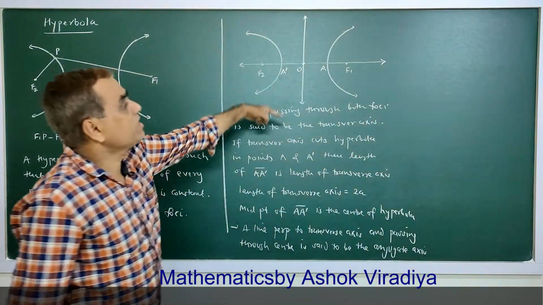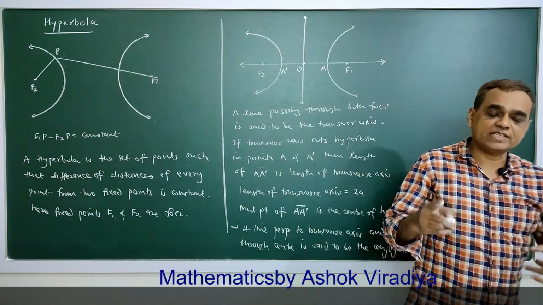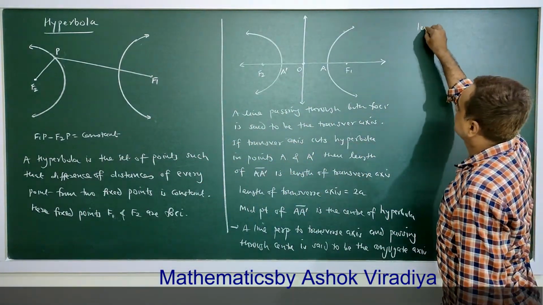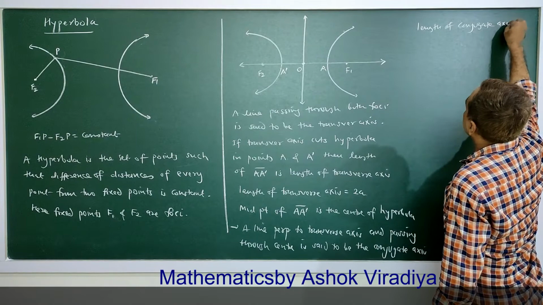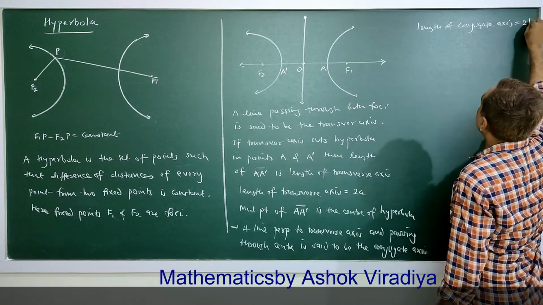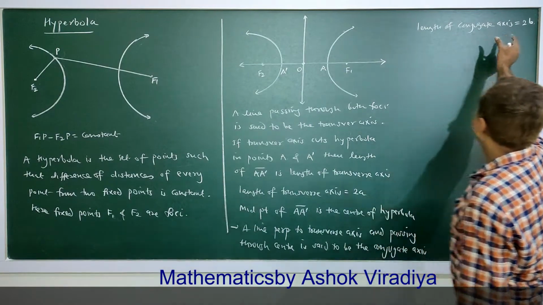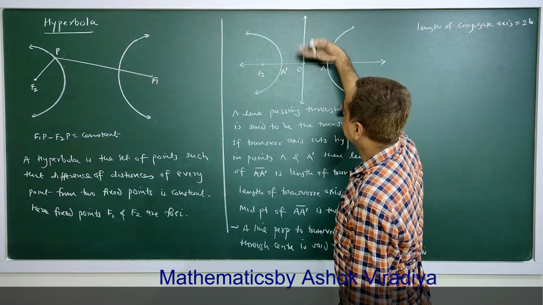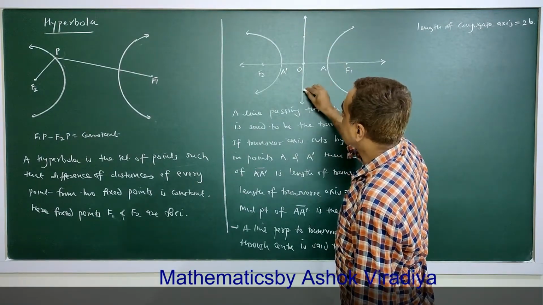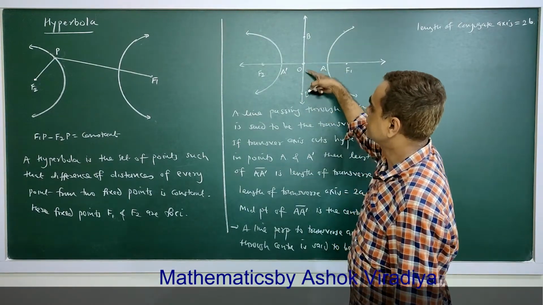So this line is said to be the conjugate axis, and the length of the conjugate axis is denoted as 2b. Because the length of the conjugate axis is 2b, above this transverse axis and below it there exist two points B and B dash, which are at distance b.